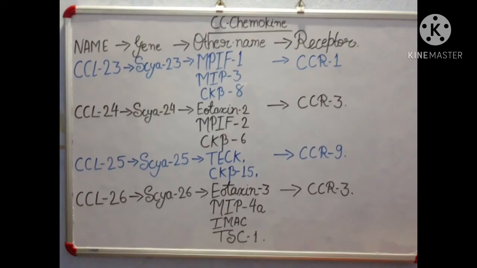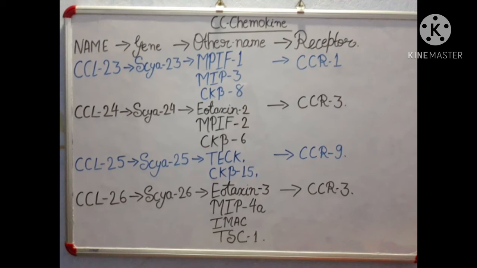CCL22 is encoded by gene SCYA22 and its other names are MDC, DC beta CK and its receptor is CCR4. Here DC means dendritic cells, which is a type of immune cells.